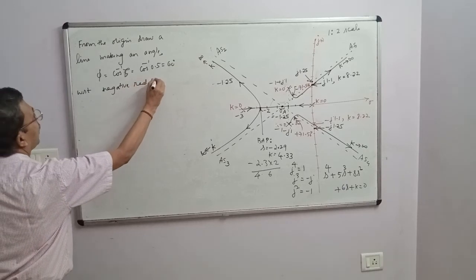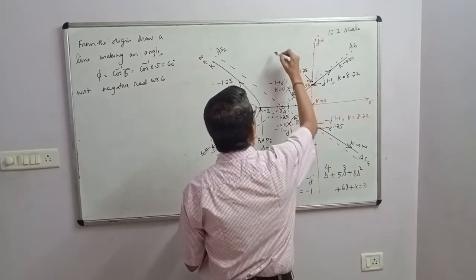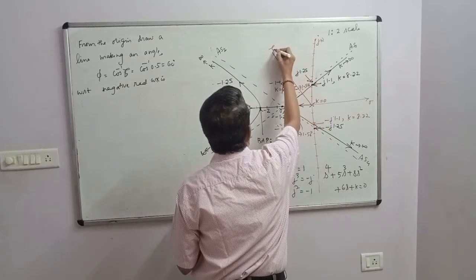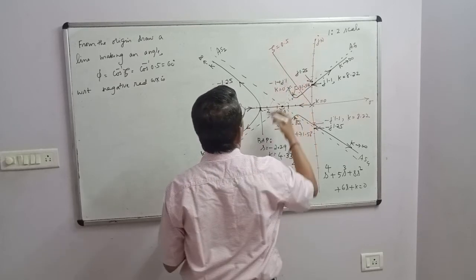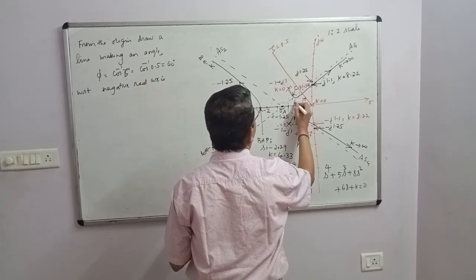And that is, this is the line. This line is drawn for zeta equal to 0.5. The angle made by this line is 60 degrees.